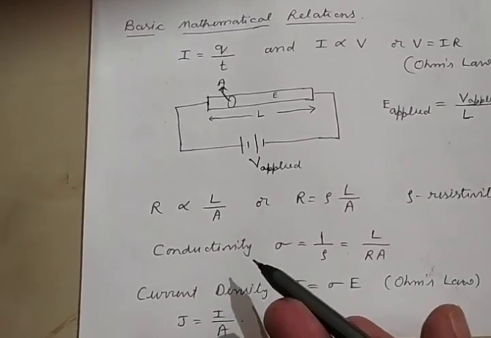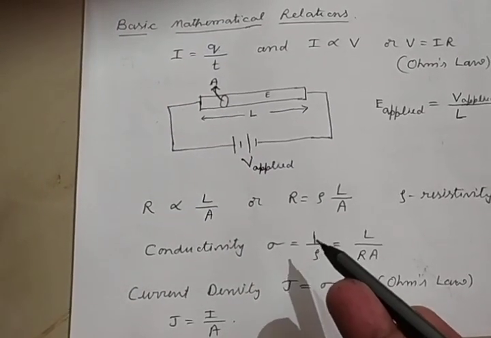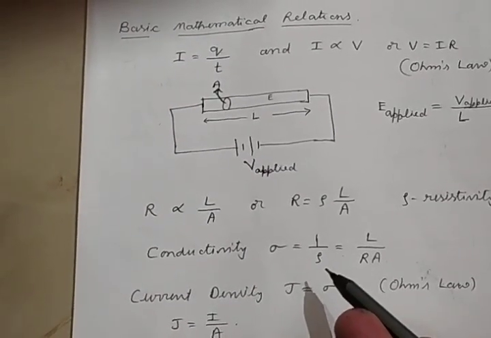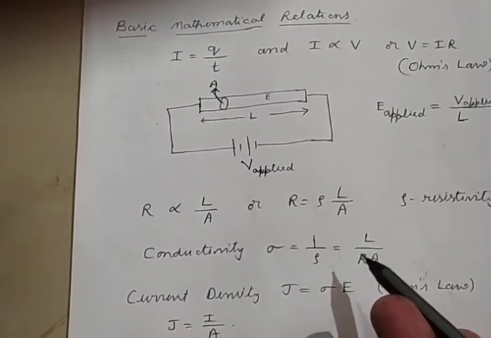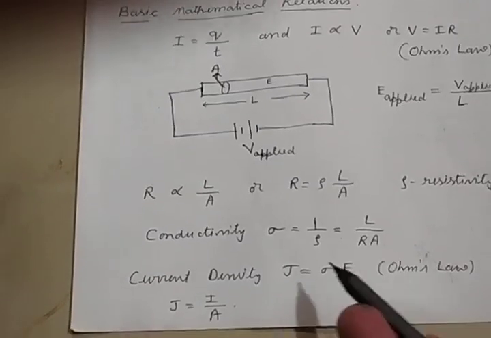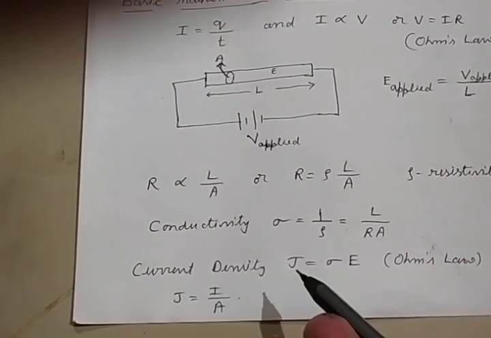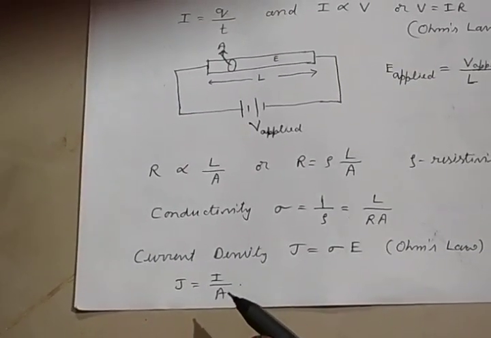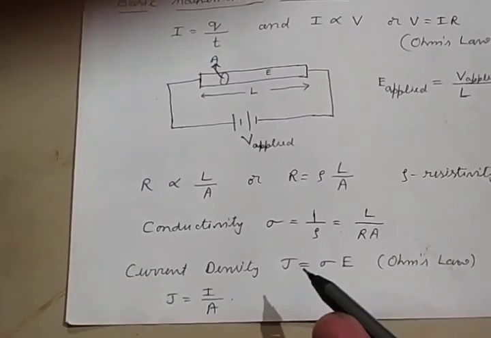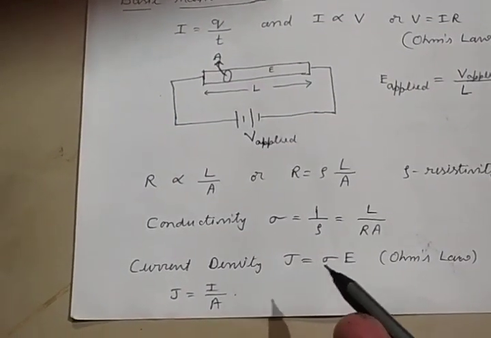Now another parameter we can write here is the conductivity sigma, which is the reciprocal of the resistivity. 1 by rho is equal to sigma, and therefore we can write it as L by RA. Now we can see one more term used here, that is current density J. Current density J is nothing but current per area of cross section, I by A, which is given by sigma into E. This is related to the conductivity.